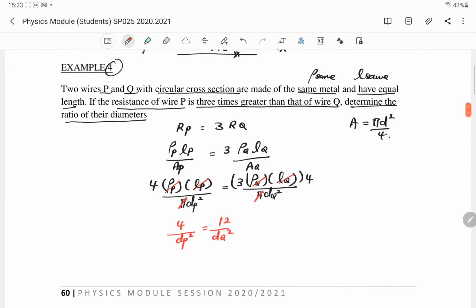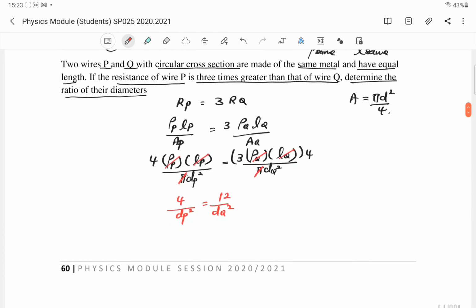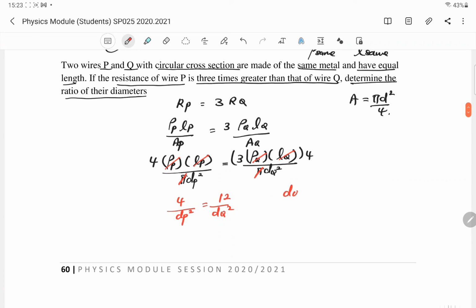Kita nak ratio dP over dQ. So dQ squared over dP squared equal to 12 over 4, so dQ squared over dP squared equal to 3. So dQ over dP equal to square root of 3.